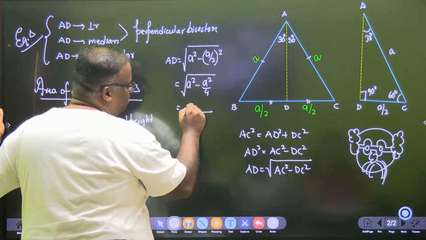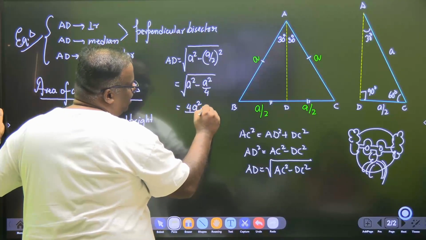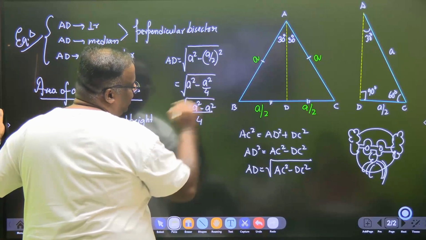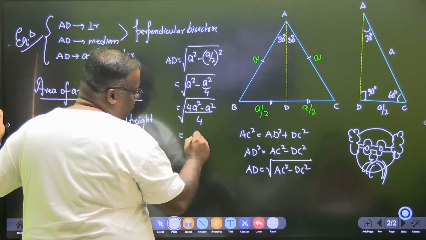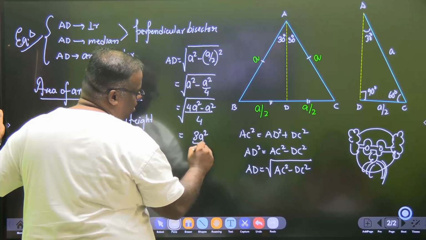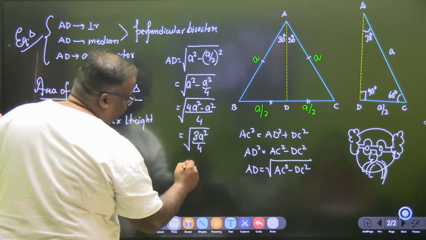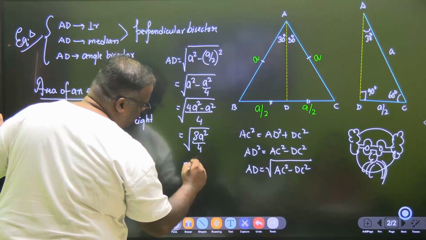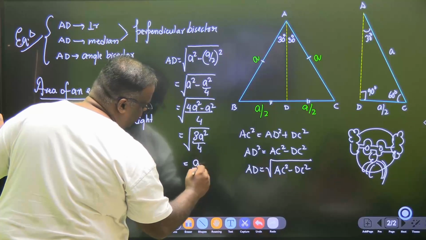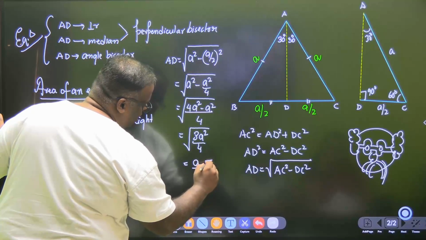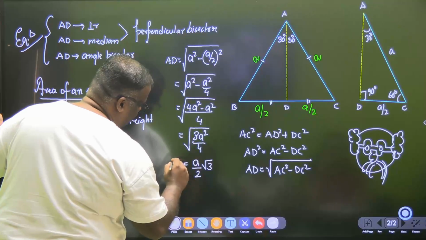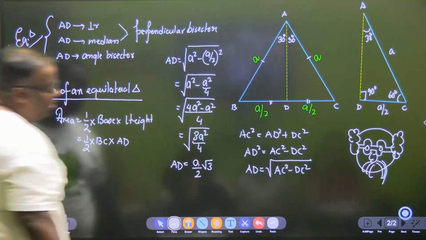Then this becomes 4A square minus A square, all upon 4. If you take the square root of A square, it is A. If you take the square root of 4, it is 2. Have you got it?